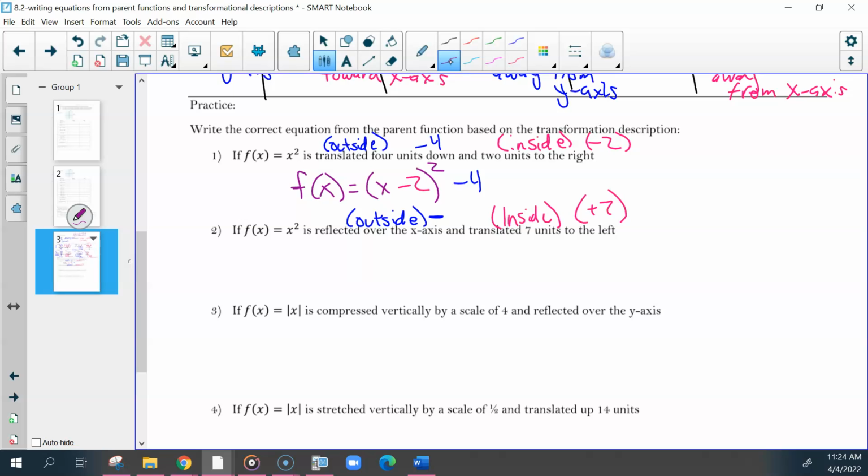So we have on the outside this negative, f of x equals, on the inside we have this plus 7, so we need our parentheses again. And we have plus 7. And all of that's being squared. What questions do we have on that one?